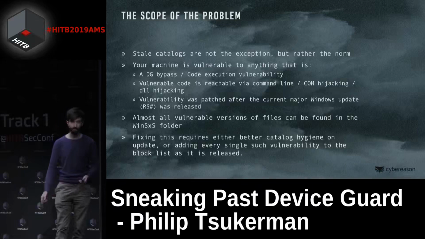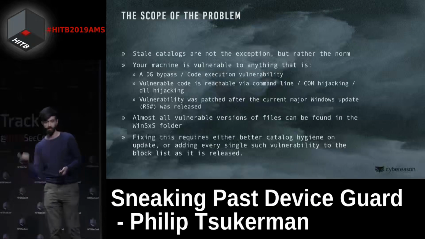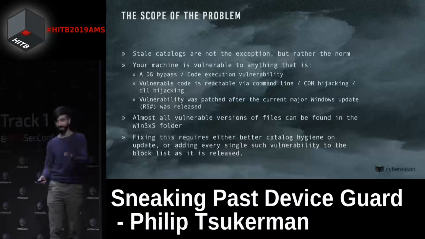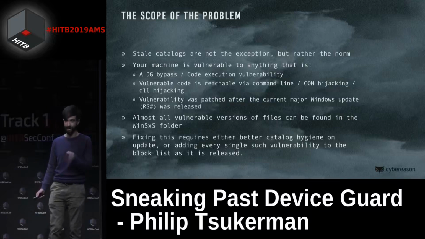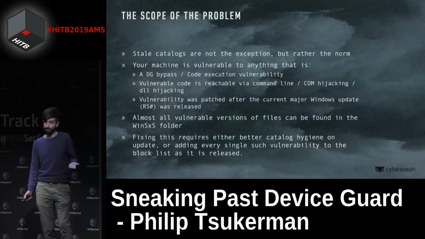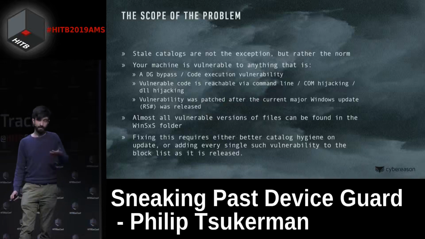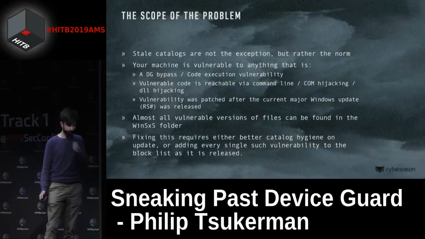So we don't only have JScript and whatever, we have VBScript, new versions of MSXML, and every single vulnerability that gets patched, if you have the exploit for it and it is not immediately added to the recommended block lists, and, well, nothing gets immediately added there apparently, you basically have more and more and more vulnerabilities. So it's not just those three.